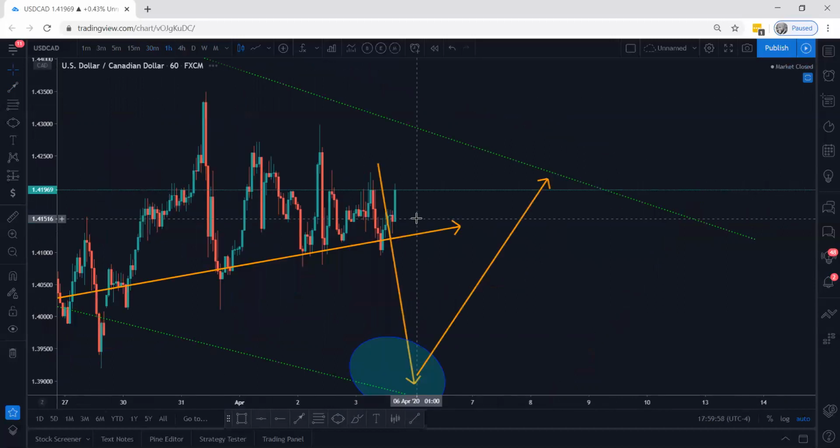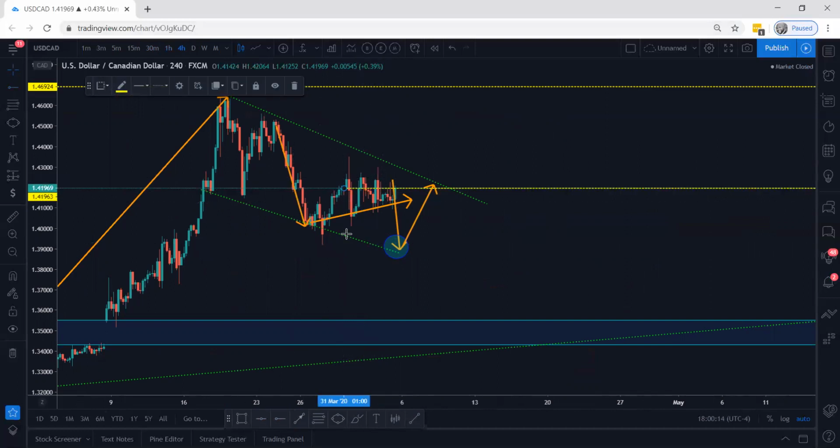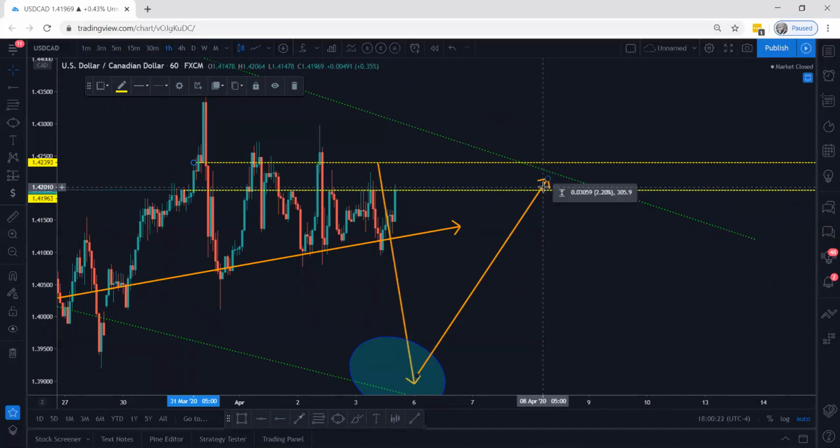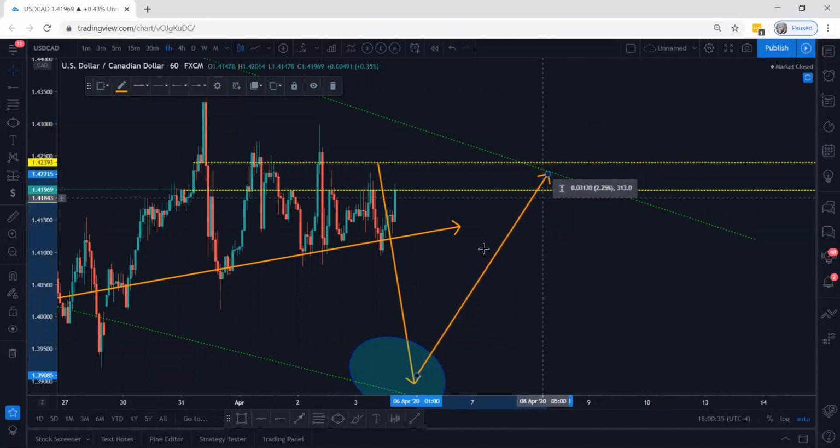Let's look on a higher time frame. I have one here. Look on the next highest time frame. This one is the one that I want to look for. The higher the time frame that you find these zones on, the stronger it is. So if price is going to reverse here, it's going to reverse in this area and then come back down. If price doesn't give us a reversal pattern in this area, it's going to break through this flag and give us our continuation to the upside.